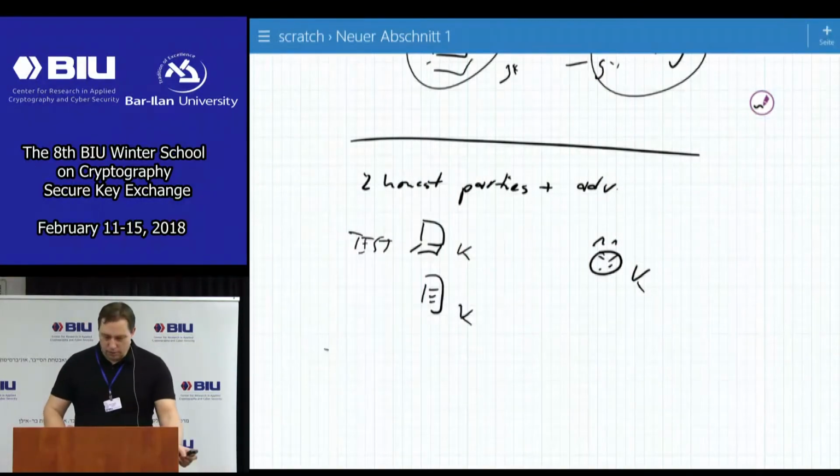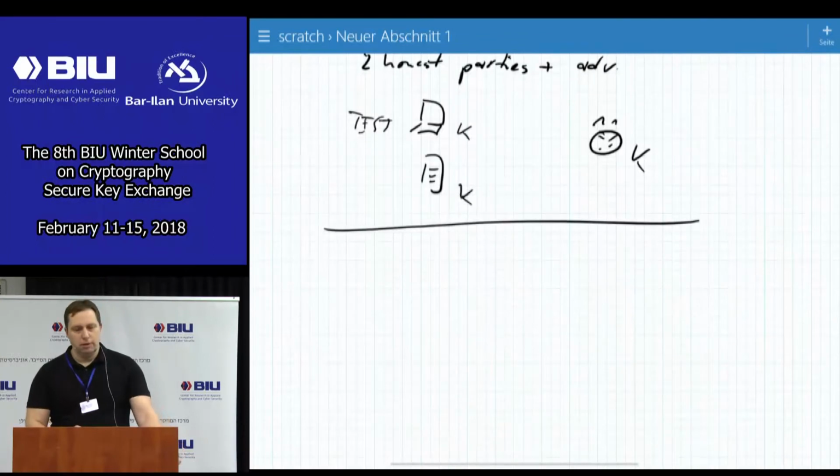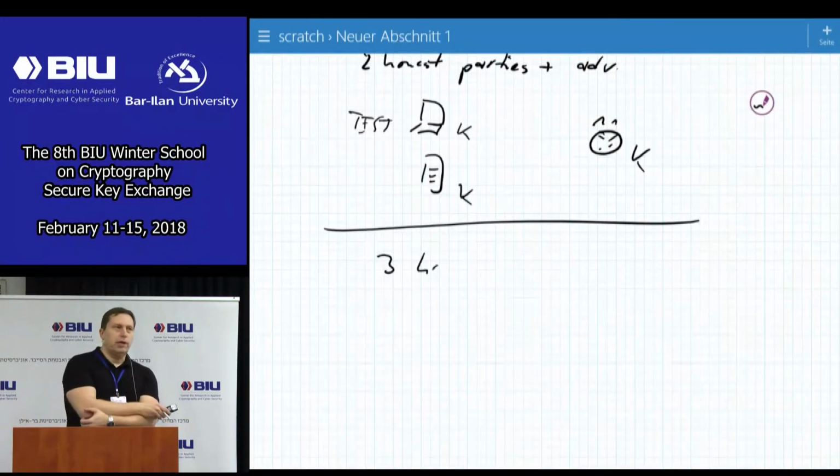Okay, question? There's at most one other party holding the session key. Why can't it be 3?